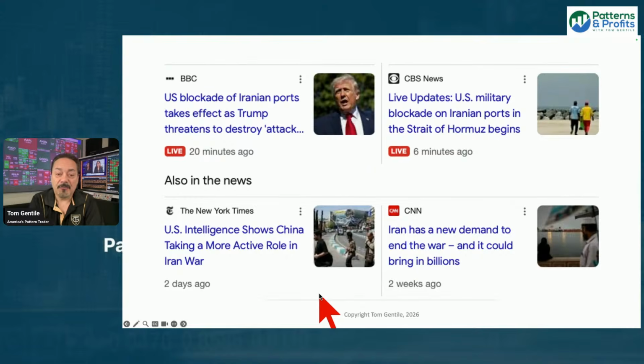You've got the BBC saying that U.S. blockade of Iran ports takes effect as Trump threatens to destroy the attackers. CBS News: U.S. military blockade on Iran ports in the Strait of Hormuz begins. New York Times basically saying the same thing, but U.S. intelligence shows China's taken a more active role in the Iran war. And CNN: Iran has a new demand to end the war, and it could bring in billions.